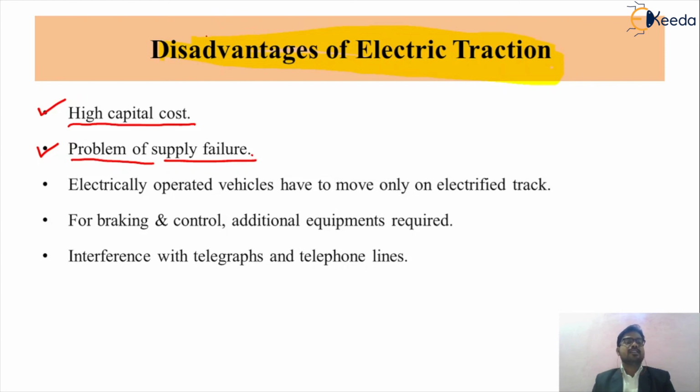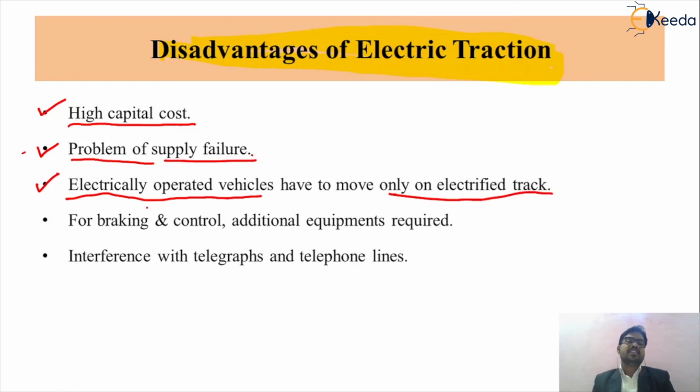After that, the third disadvantage is that while we are using electric motors for the propulsion of the traction drive, the track should be electrified, because we require electricity at all times. So all these tracks should be electrified tracks.